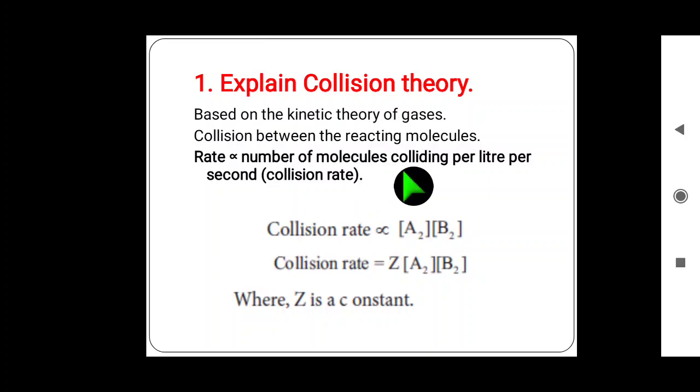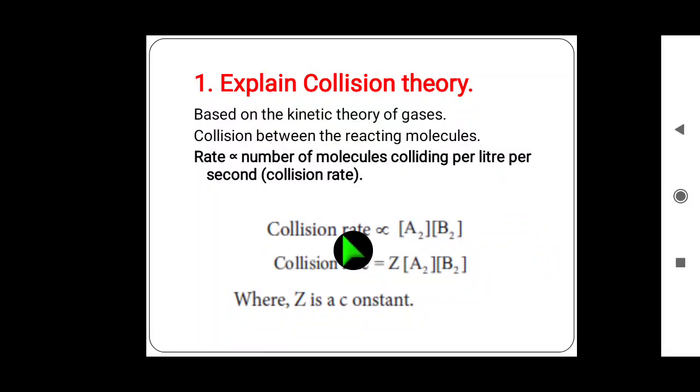So usually we know very well what rate is: the speed of the reaction. This depends on the concentration of the reactant. The same concept we apply here; the word alone is changed. The collision we have given.